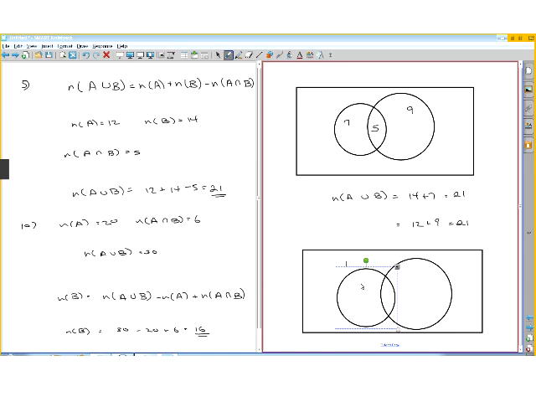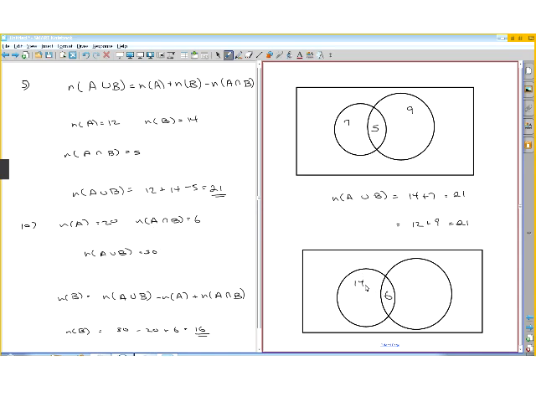So let's see if we can figure it out here. The number in A are 20. So this whole thing is going to be 20. The intersection of A and B is 6. So this is 6. So if this is 6 and this whole thing is 20, then this must be 14.